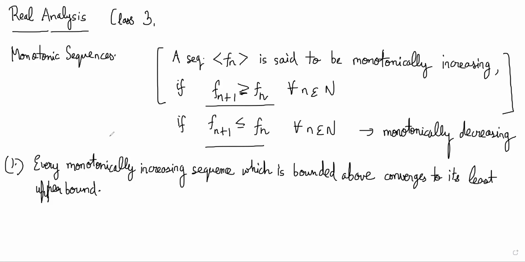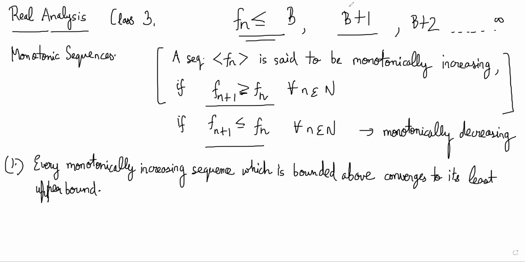If a sequence has an upper bound, let's say b, then obviously b plus 1 is an upper bound also, and b plus 2 is also an upper bound. There are infinite upper bounds. If all the terms are less than b, then obviously they will be less than the other upper bounds. There are an infinite number of numbers greater than b which are also upper bounds.